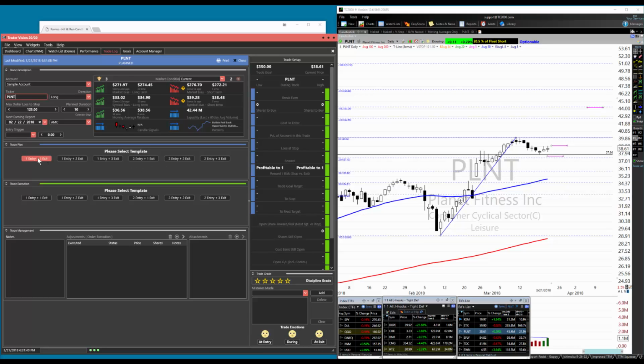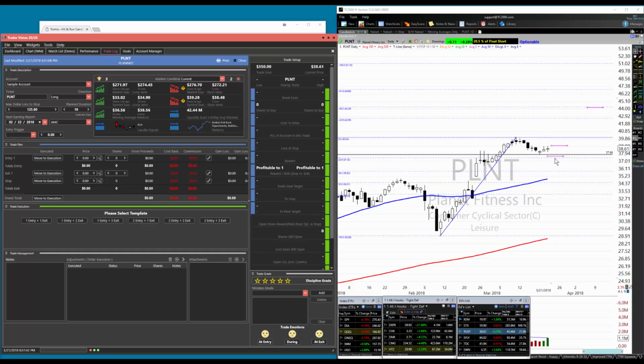But let's look at what the trade plans out like here, with a stop of, let's call it 37.65, and an entry of 38.95, and a first target up here at 44.20.